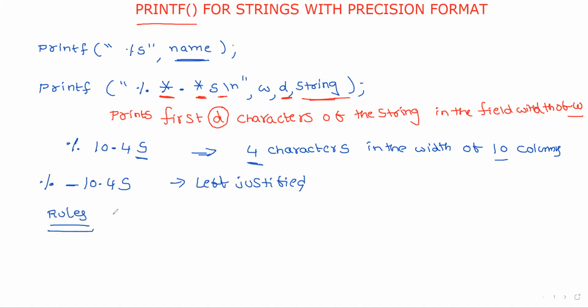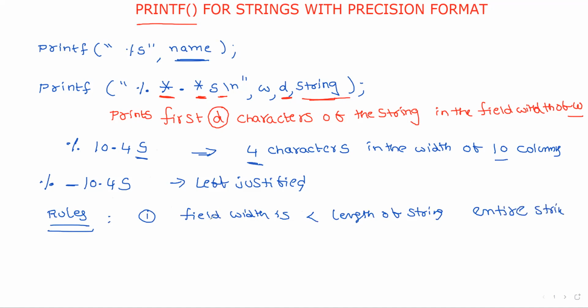We have to remember some rules. The first rule is, when the field width is less than the length of the string, the entire string is printed. You got it?